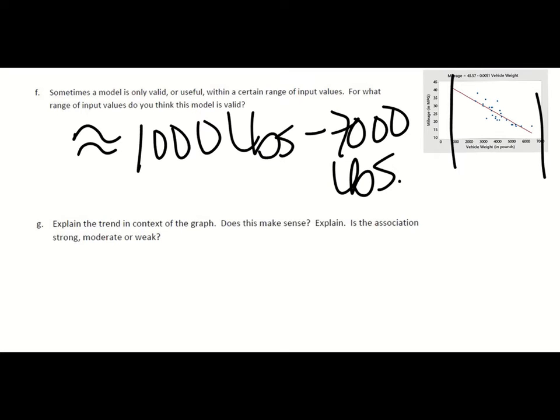Explain the trend in the context of the graph. So again, this is where you have to write me a full sentence. As your vehicle weight increases, my mileage in miles per gallon is going to decrease. So that's the first part.